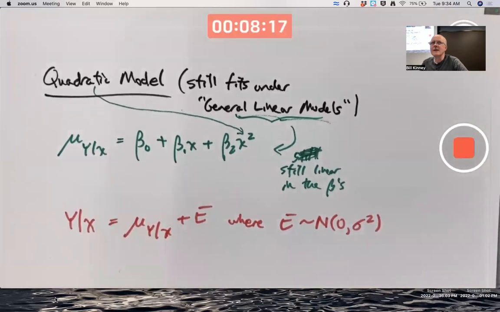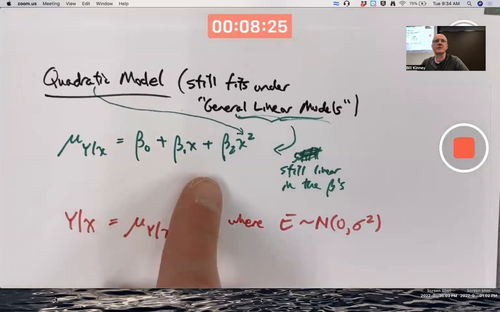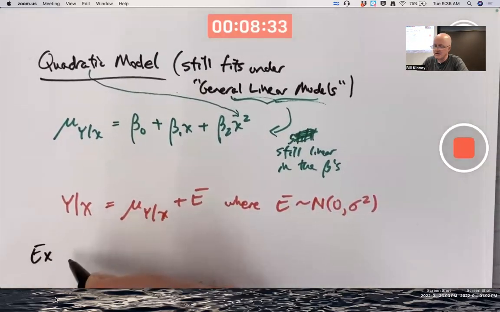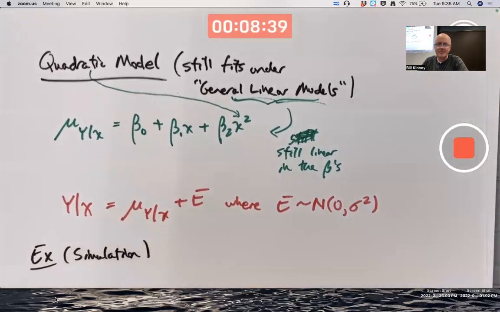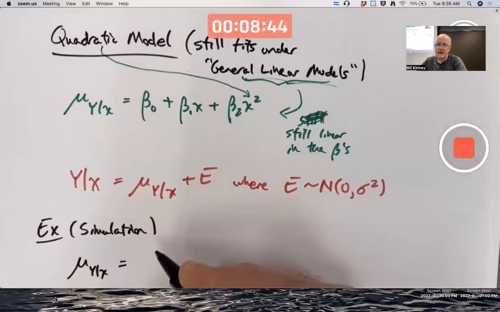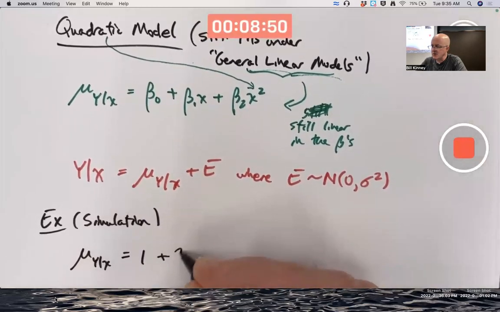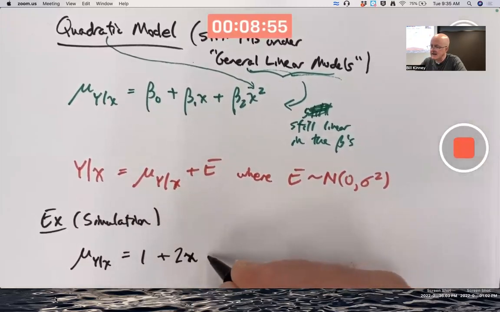Okay. So let's go ahead and do a simulation in a spreadsheet. Let's go ahead and assume we know what the parameters are, beta 0, beta 1, beta 2, for the sake of simulation. So this is an example for simulation. Let's assume beta 0 is 1, beta 1 is 2, and beta 2 is, let's say, -1/2.